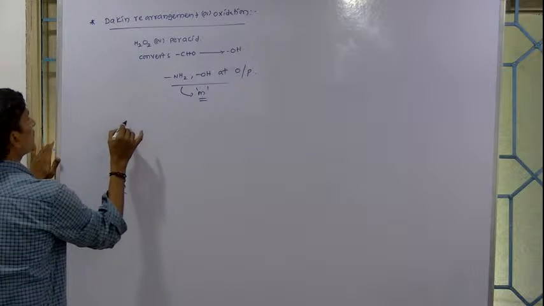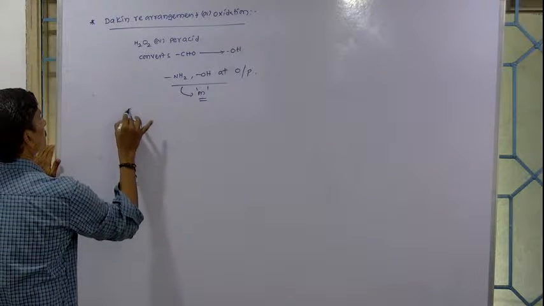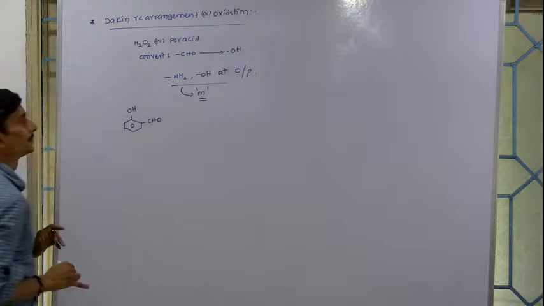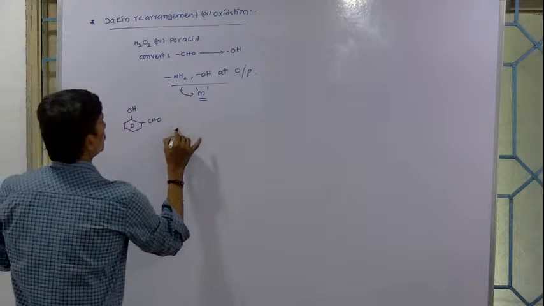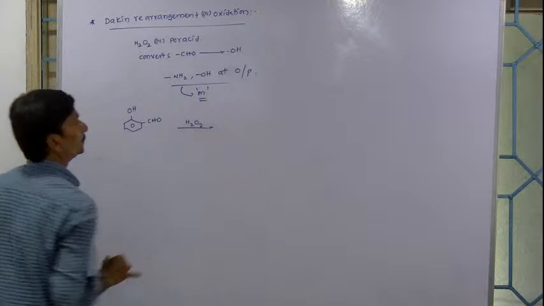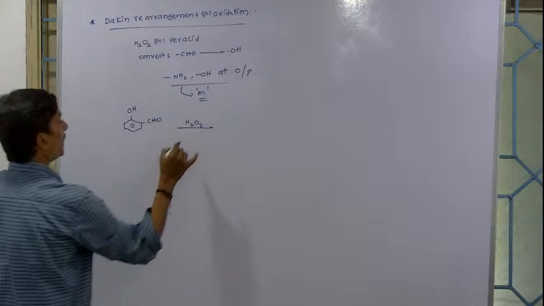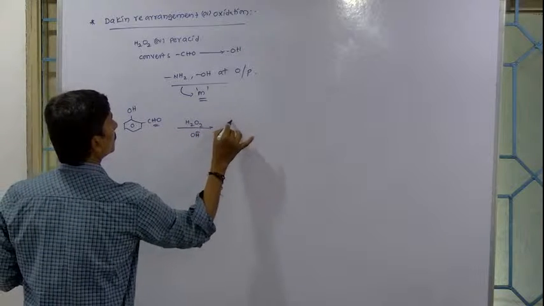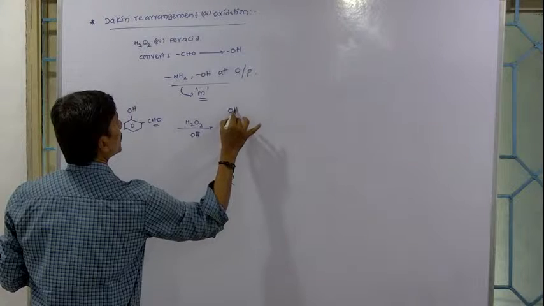For example, if it is a reaction like this, treated with H2O2 in presence of a base, then this aldehyde group is converted into OH.